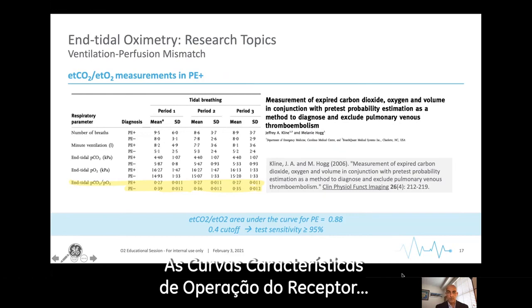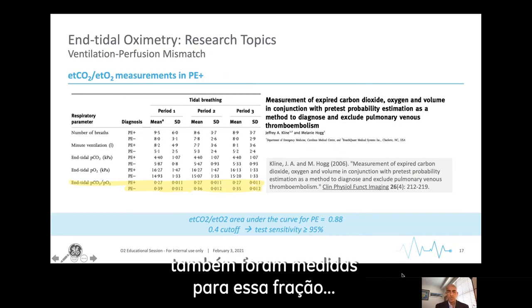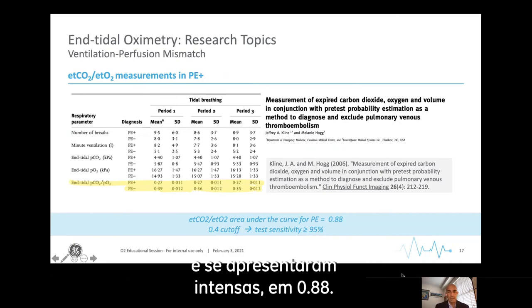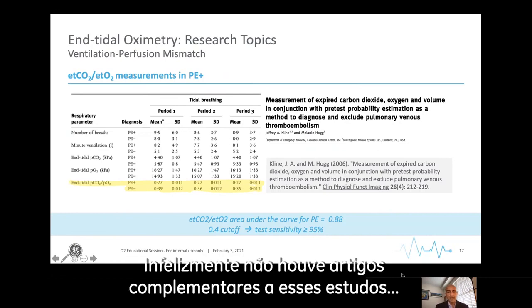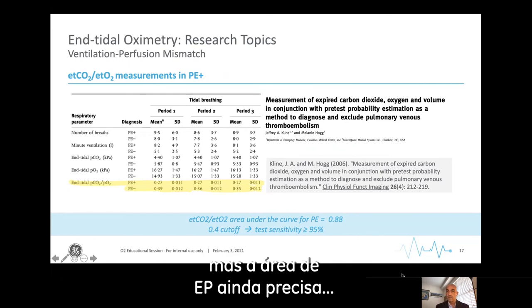Receiver operating characteristic curves were also plotted for this ratio, and they're quite strong at 0.88. There haven't been any follow-on articles in this regard, but the art of pulmonary embolism diagnosis still requires an understanding of pretest probability.